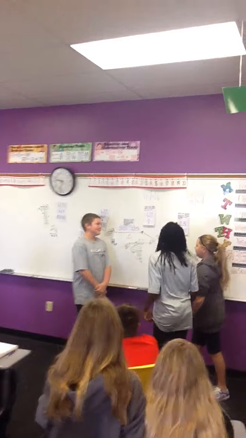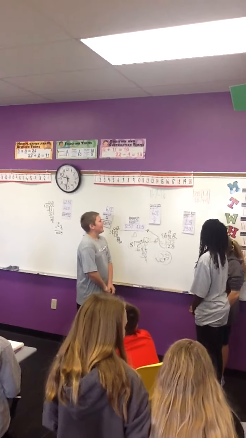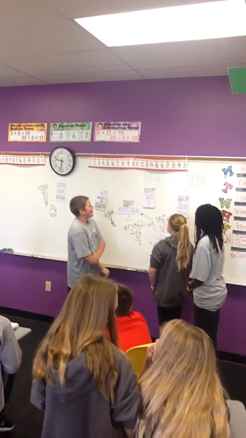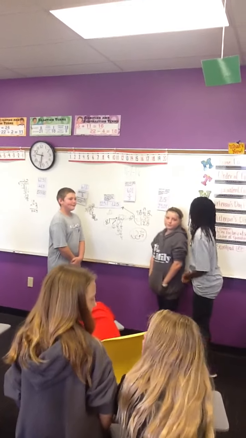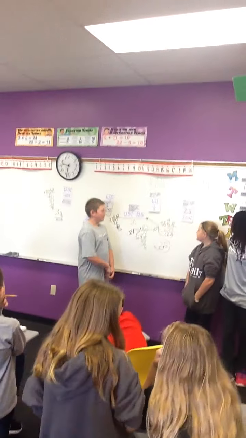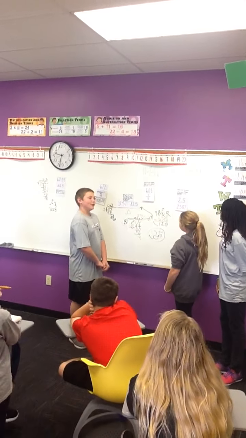All right, who's going to read it? Go for it. Audrey has 60 cents. What is this amount as a percent? How do we figure this out? You would have to move the decimal over twice.